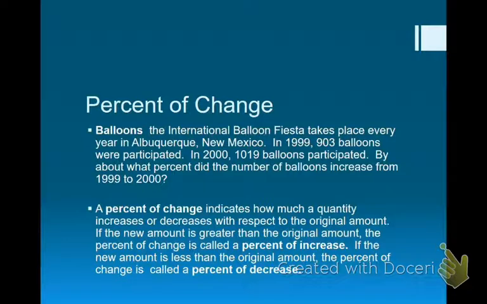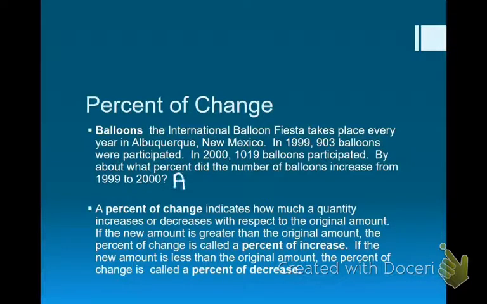In 1999, 903 balloons participated. Can you imagine 903 hot air balloons? I'm talking the huge hot air balloons that you can ride in. Isn't that kind of crazy? In 2000, 1,019 balloons participated. By about what percent did the number of balloons increase from 1999 to 2000?